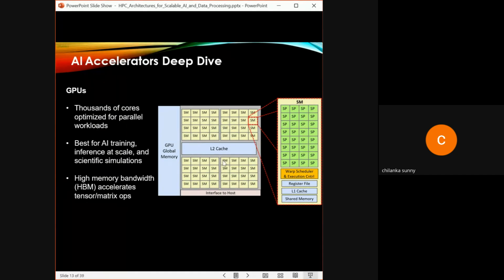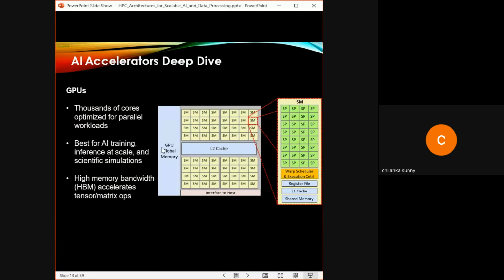As we can see in this figure, a GPU is made up of many streaming multiprocessors, and each streaming multiprocessor (SM) contains a group of CUDA cores or streaming processors or tensor cores, a register file, and shared memory.